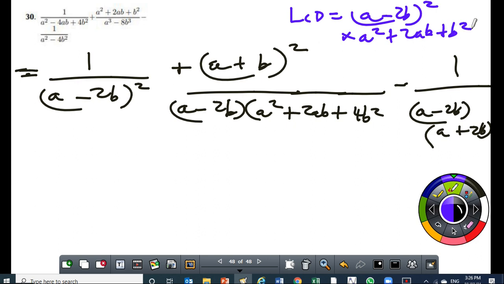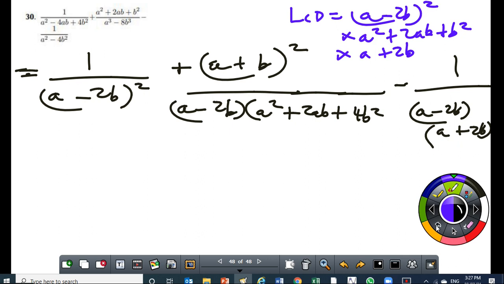I'm not done yet. I still have another term, which is a plus 2b. So that a plus 2b must also be in the LCD. So this will be times a plus 2b. The product of those three is going to be the LCD.